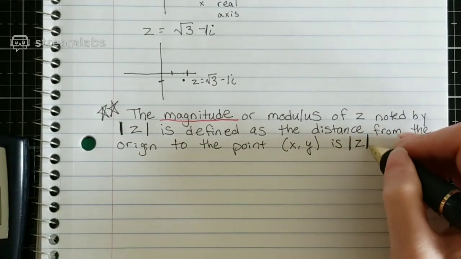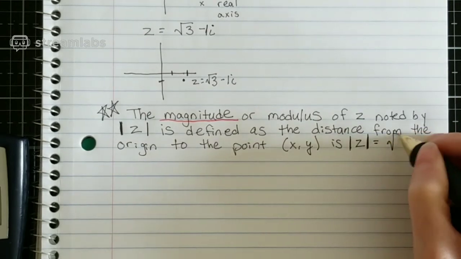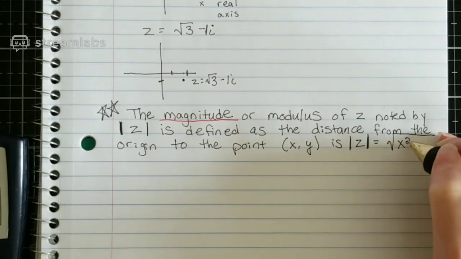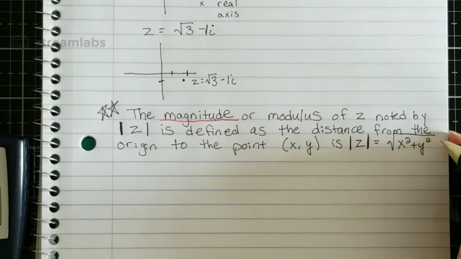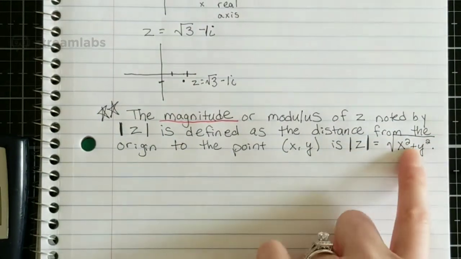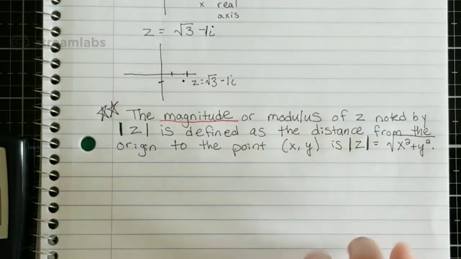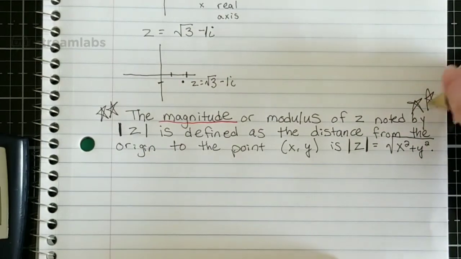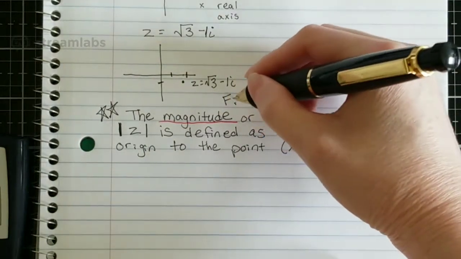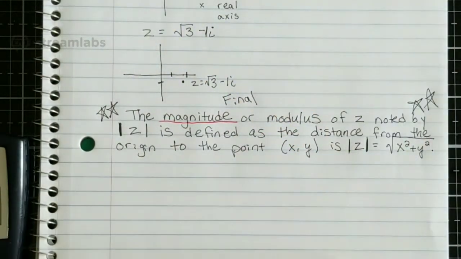So the magnitude of z is the square root of x squared plus y squared. And you will have to memorize that formula. That's definitely on the final. And it's really easy as long as you have the definition memorized. It's not hard.